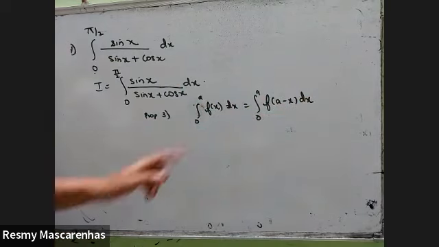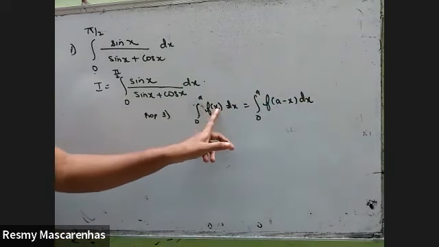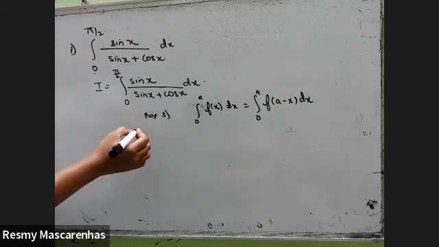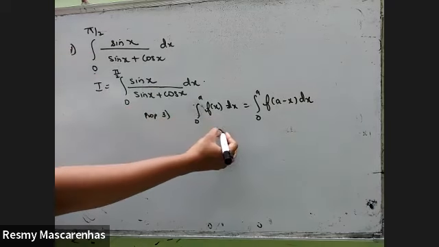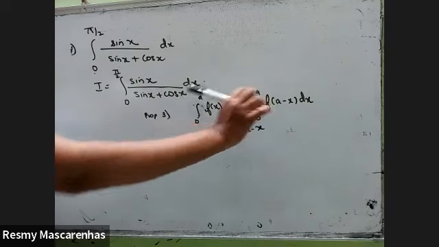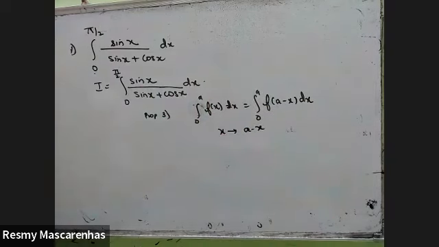Whether I write it as f of a minus x or f of x, the answer I get is the same. Last time we have proved it, property number 3. So with that logic, I'll apply the property here. Wherever there is x, I can always replace it by a minus x. A is nothing but your upper limit, because this is anyway 0.